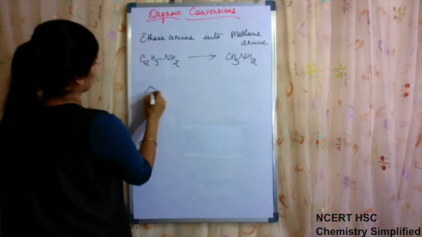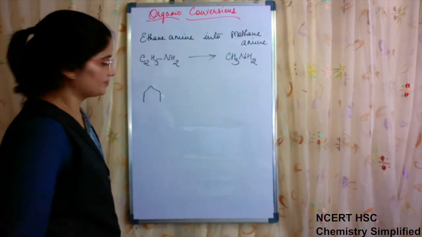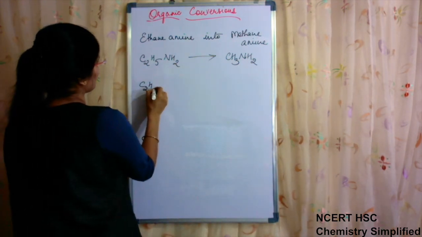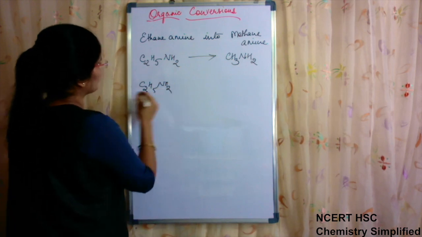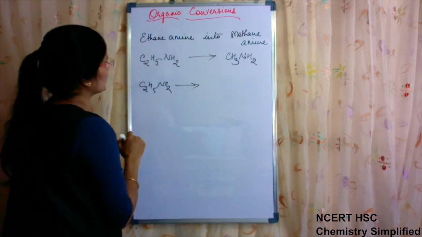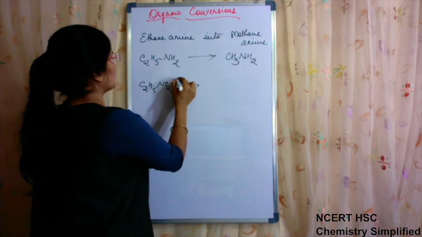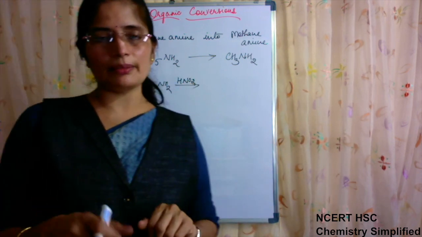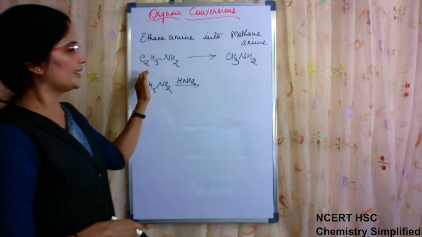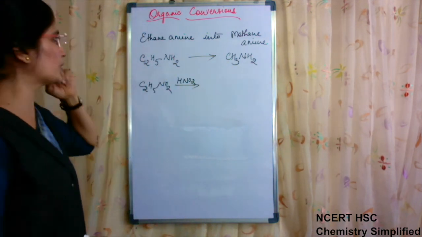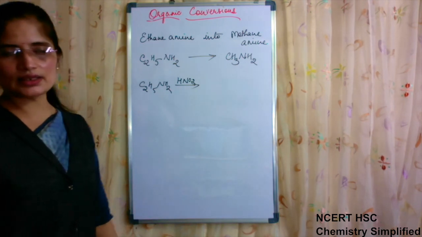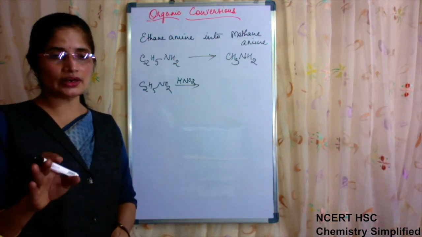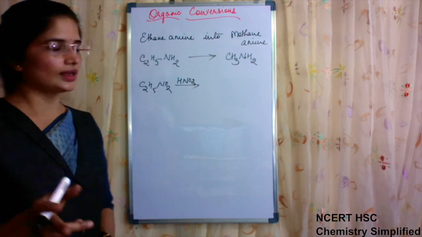So let us think. First, this C2H5NH2 when treated with HNO2. This reaction is also very important in doing conversions when it doesn't seem feasible in simple-looking ways. Whenever there is a reaction with HNO2, it is actually nitrous acid generated by NaNO2 and HCl.